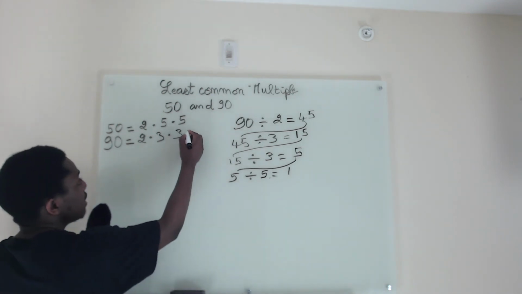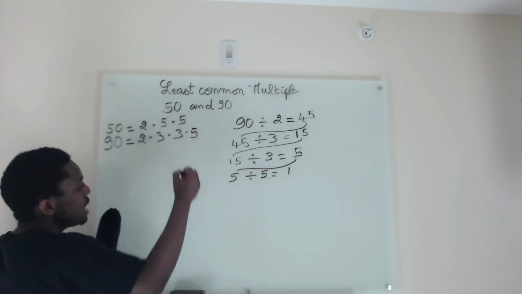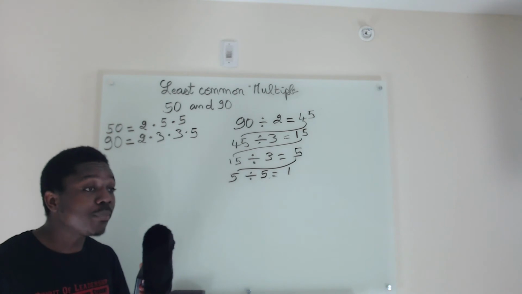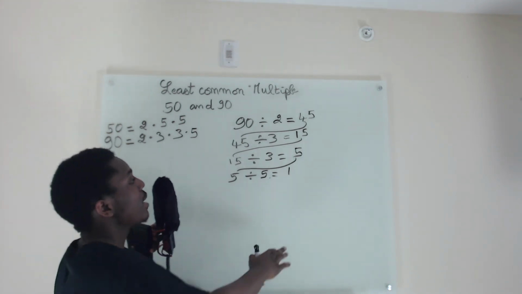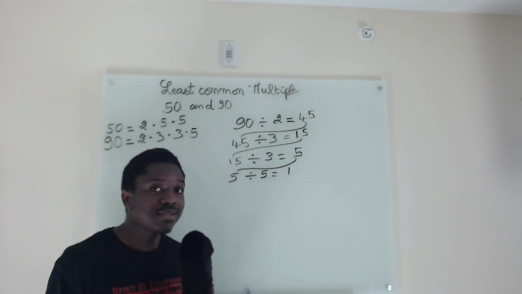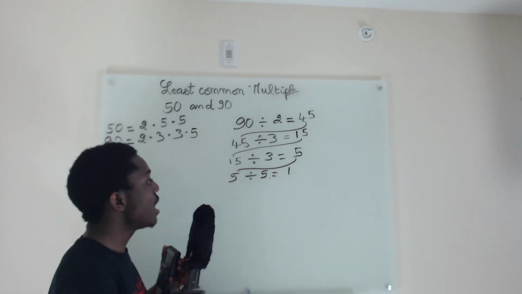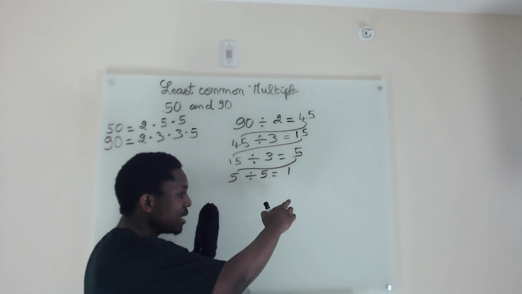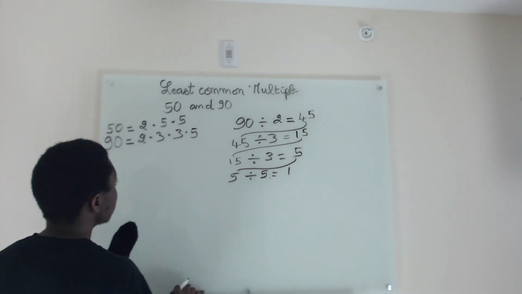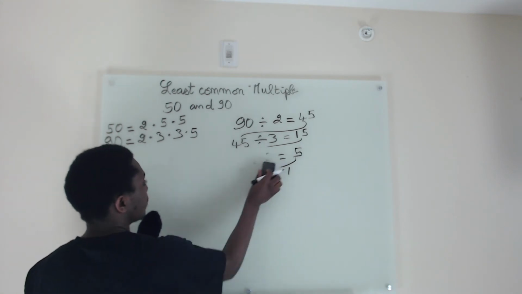So then I can put 5 right here. So now I have to stop doing the division. Why? Because I ended up getting 1 here. So as soon as you end up getting 1, stop the division. Okay? So now I can erase this.